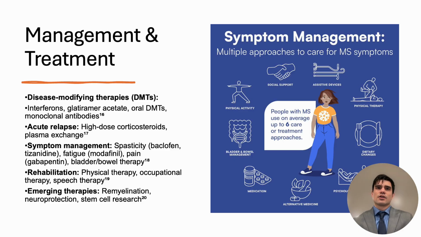Symptom management targets spasticity, fatigue, pain, and bladder or bowel dysfunction. Rehabilitation includes physical, occupational, and speech therapy to maintain function. Emerging therapies focus on remyelination, neuroprotection, and stem cell research.